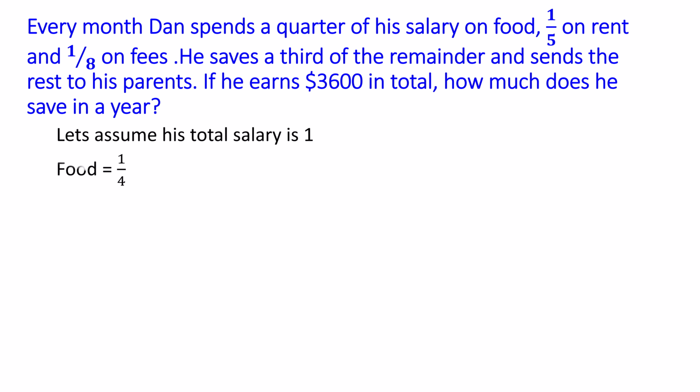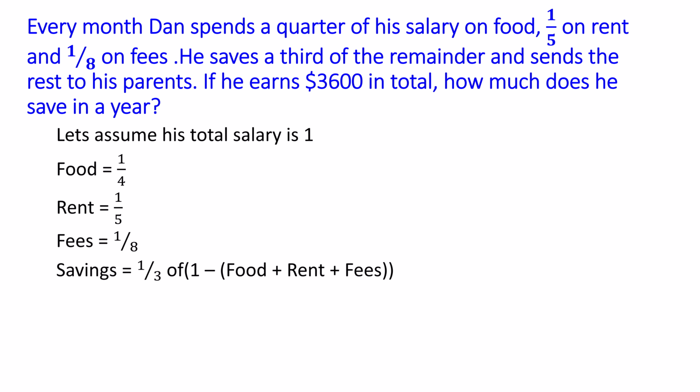So let us assume that his total salary is 1. Food takes a quarter, rent takes a fifth, and fees takes 1/8, and the savings are a third of what is left, or the remainder, which is 1 minus the total of food, rent, and fees.